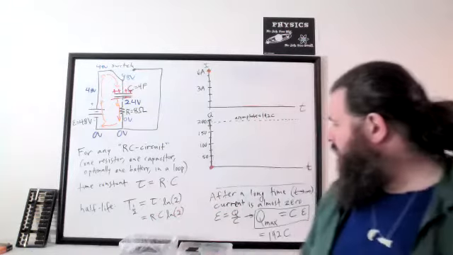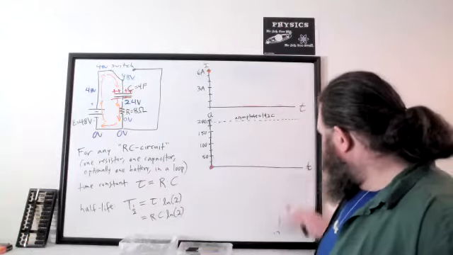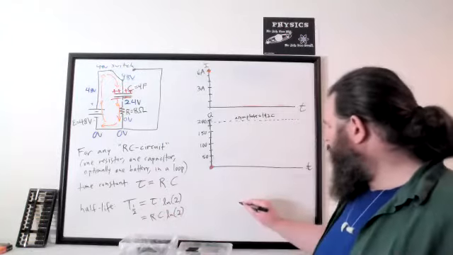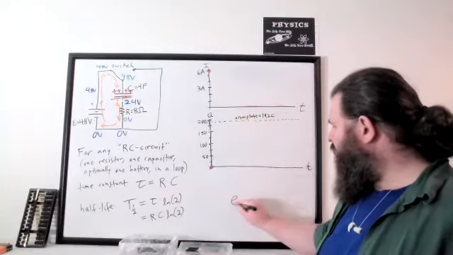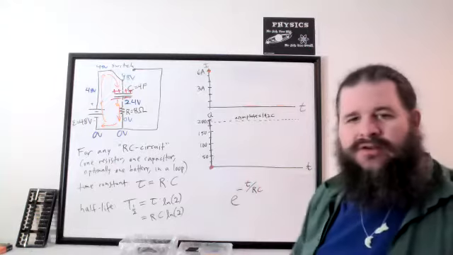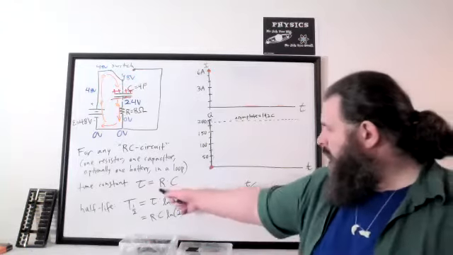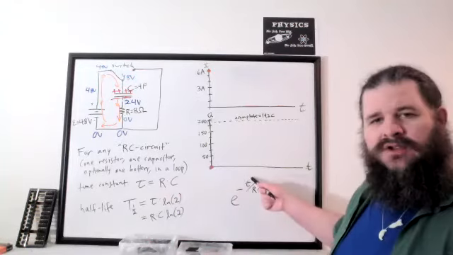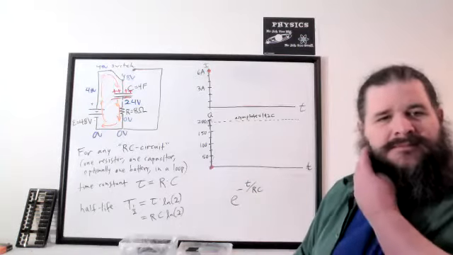The idea is that the exponential decay function, whether it's for current or for charge, is always going to have an e to the negative T over RC in it, if you're dealing with one resistor and one capacitor. And if you plug in RC for T, what do you get if you just replace T with RC?